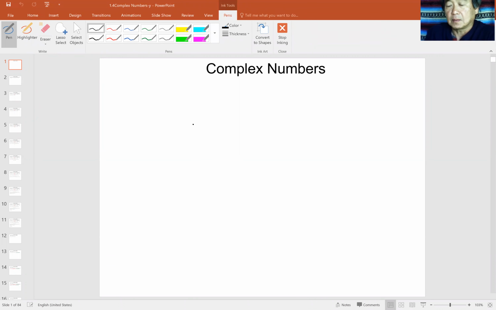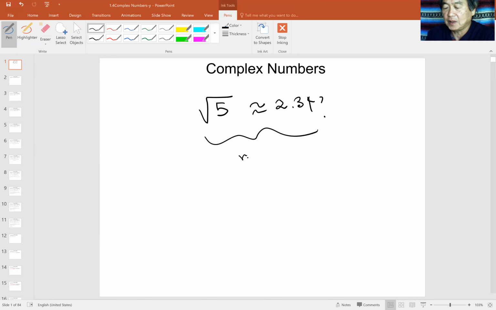We have real numbers. If I type into my calculator and ask for the square root of 5, the answer is roughly 2.34, something like that. But the point is, this number we call a real number. What I mean by real is that it's measurable, tangible.